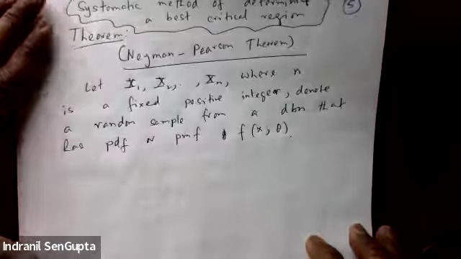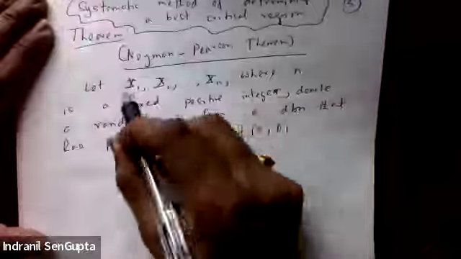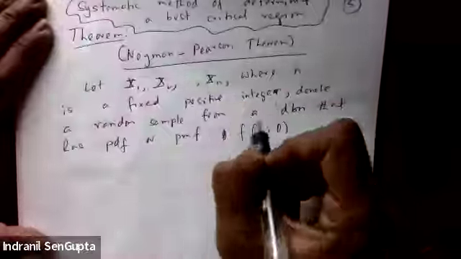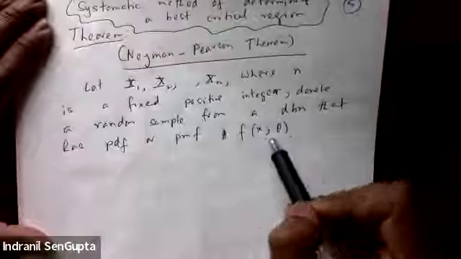So that is pretty much what we are doing, right? We are drawing a random sample. So these are IIDs, and they're following a distribution which has PDF or PMF f of x, theta.